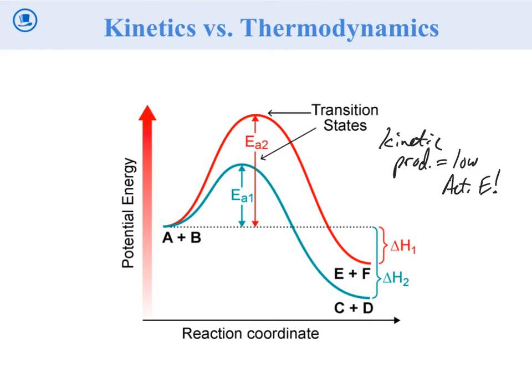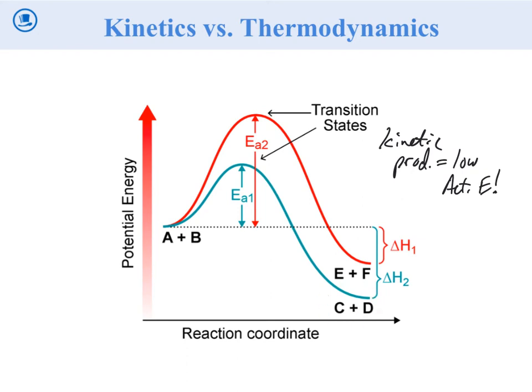Thermodynamic product is just the most stable product. It has nothing to do with the activation energy. So in the case I have drawn here, C and D is both the most stable product, the thermodynamic product, and it also comes from the lowest activation energy, the lowest hill, so it's also the kinetic product.